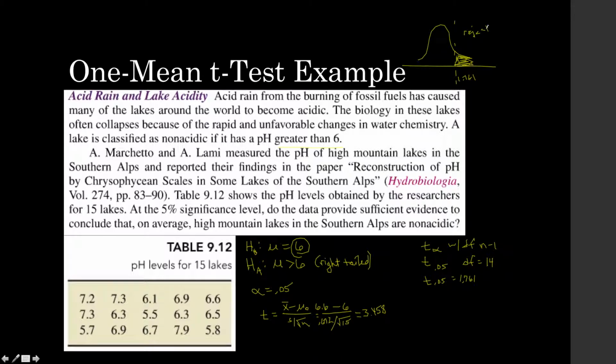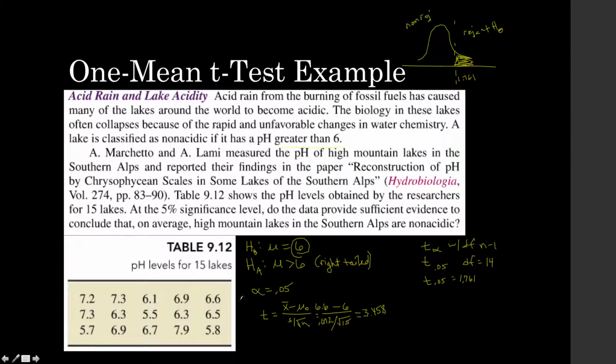If it was left-tailed, the area to the left would be the rejection area. And this is the non-rejection area.